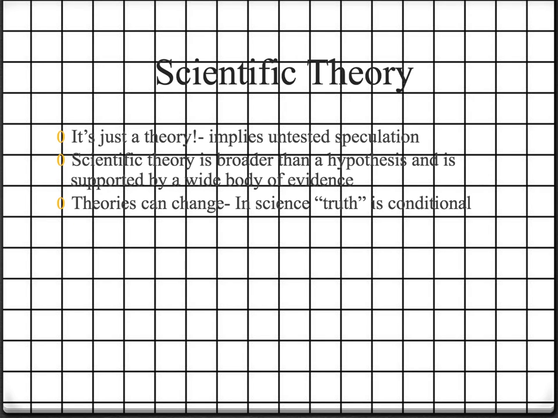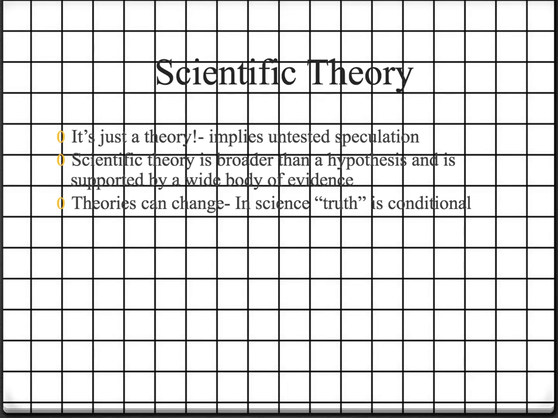And then we need to talk about what is a theory. Theory is thrown around a lot. I have a theory about why so many kids are in the hallway. I have a theory about why my mom does this. That is an untested speculation. I think this, okay? That's not what a scientific theory is.